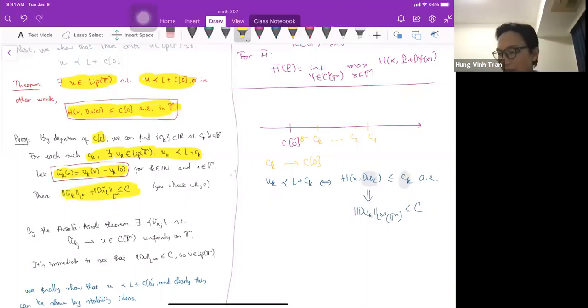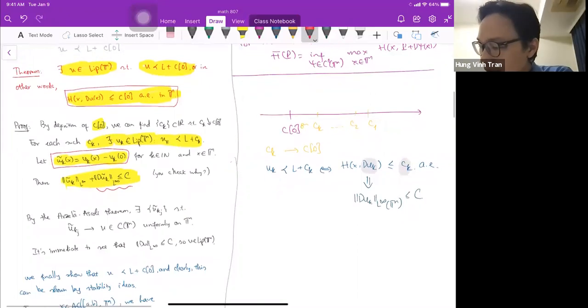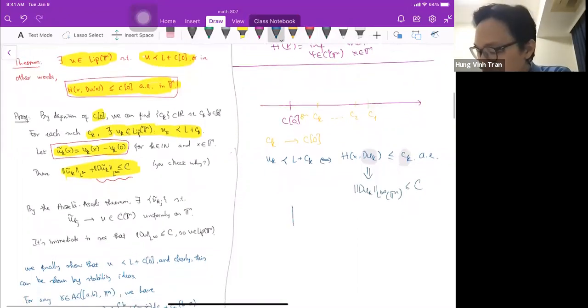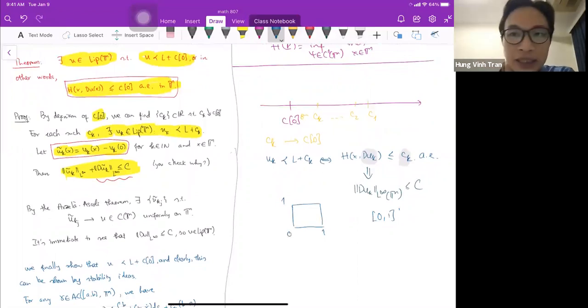Well, I already claimed that DUK tilde is bounded. How do we see UK tilde is bounded? You look at the torus, which you can identify with the cube 0,1 to the power n. This is 0. Any point x is at a distance at most root n from the point 0.